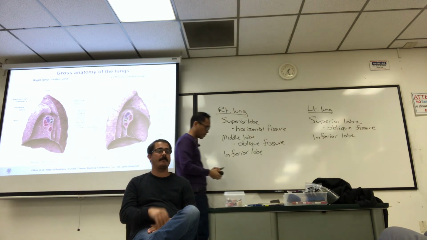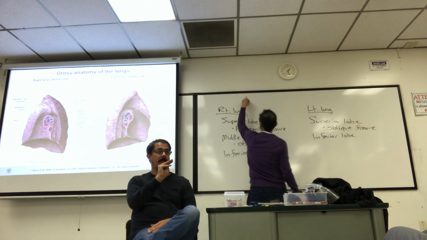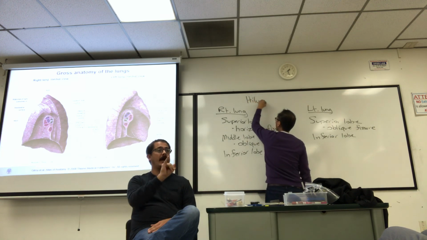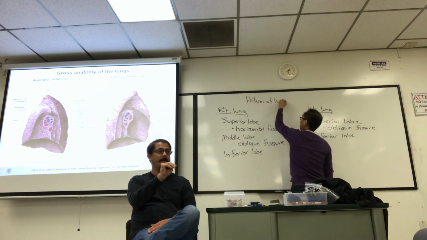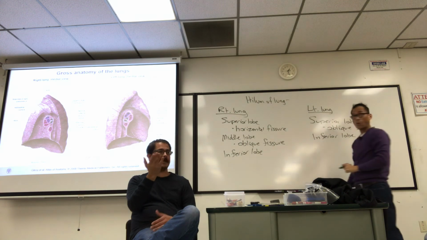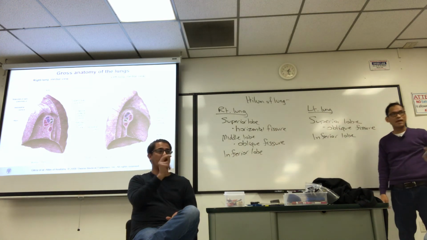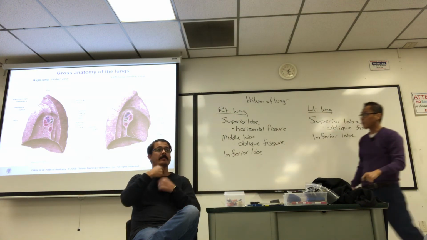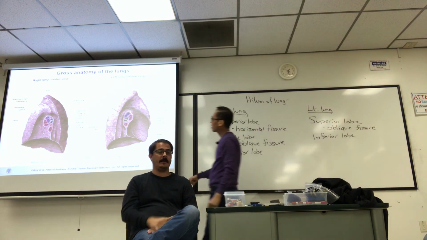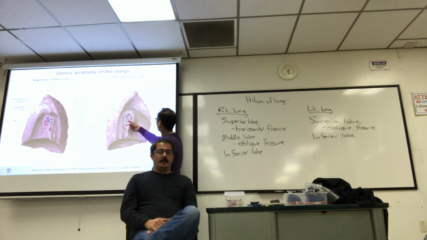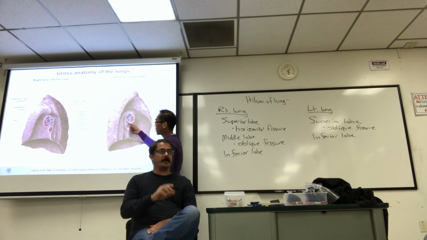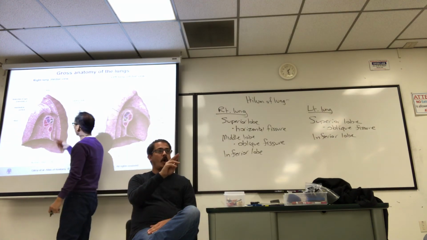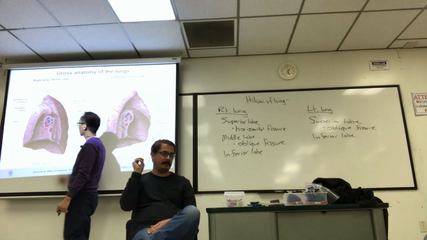Look for the hilum of the lung. That's spelled H-I-L-U-M. Hilum is where things enter and exit the organ. Be able to identify the airway, like for example, that's the lobar bronchi right there. These are also lobar bronchi right here.